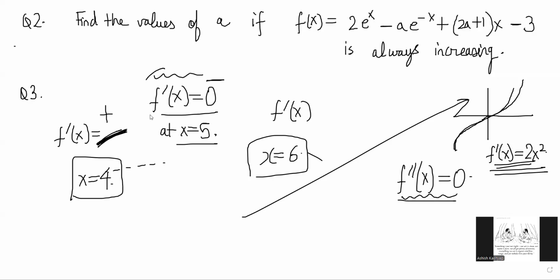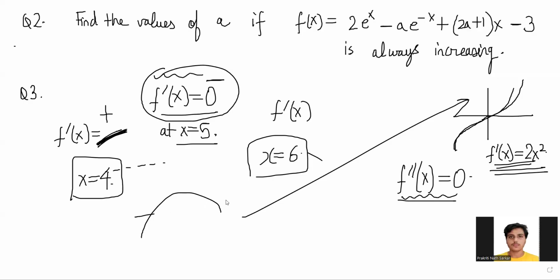Because normally when f dash x is zero, you will usually have a turning point. Do you understand? In 90% of the cases when the derivative is zero, the function is turning. And if the function is turning, is it invertible? It is not invertible, but in the previous case we do not know what it was. So I am saying you have to be sure whether it is a function which is turning, whether it is an inflection point or not.